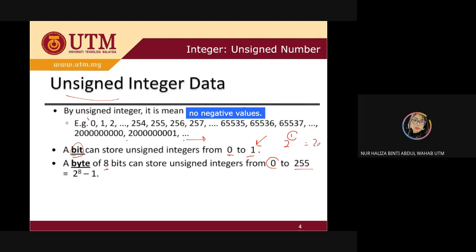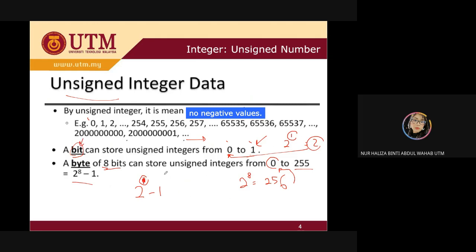When you have 8 bits, you have 2 to the power of 8, and altogether you have 256 numbers including 0. For 1 bit, 2 numbers including 0: 0 and 1. And the range for the upper bound will be 2 to the power of n minus 1. This is n if let's say we have bits, which is 1.